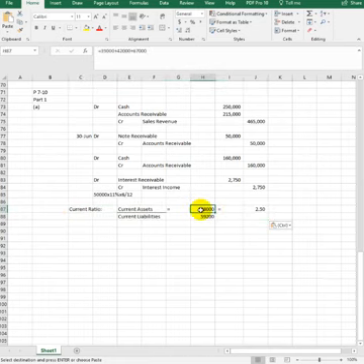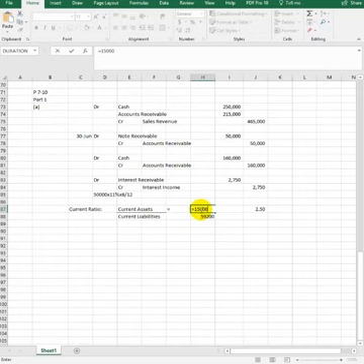So our current assets include cash with a balance of $15,000. We need an equal sign. This is not lyrics, but rather Excel. Inventory, 80,000. Accounts payable, 70,000, and accrued liabilities are 16,000. Okay. So our accounts receivable, 15 plus 45.